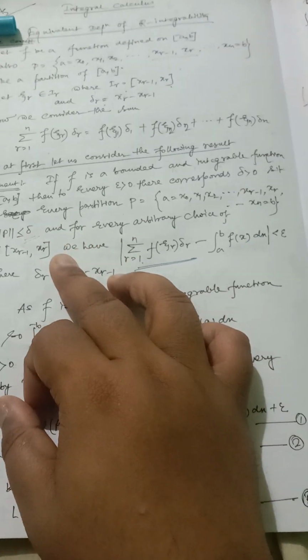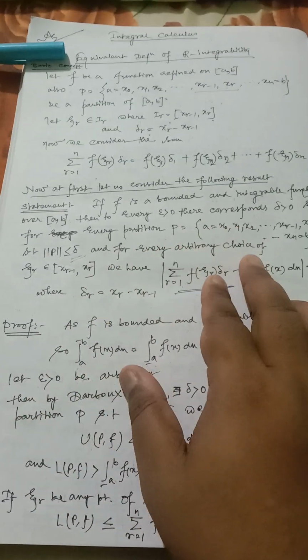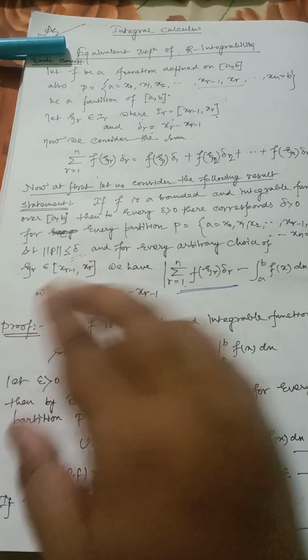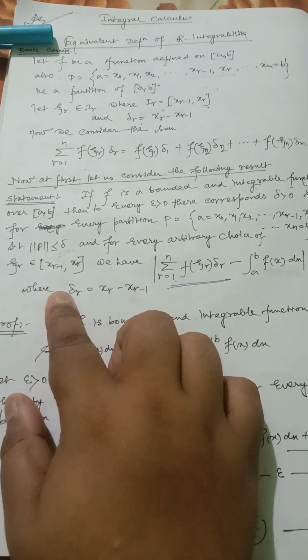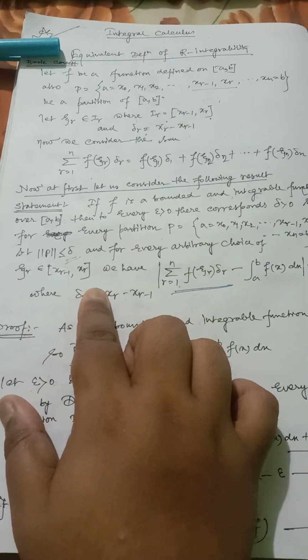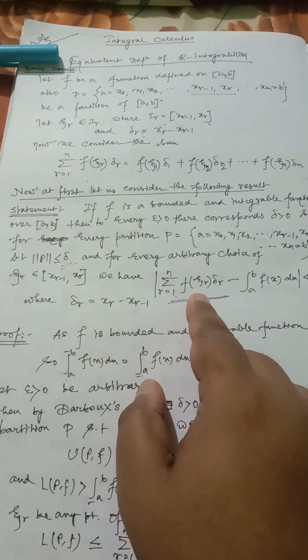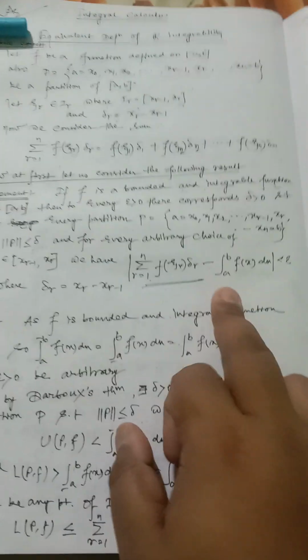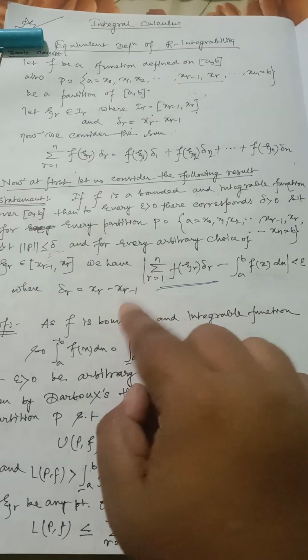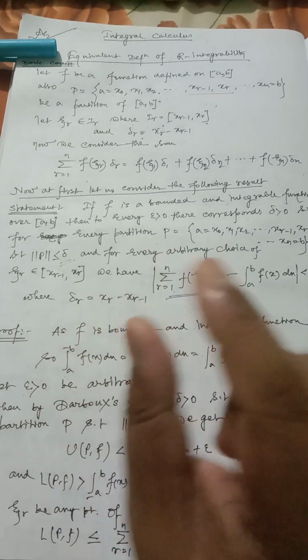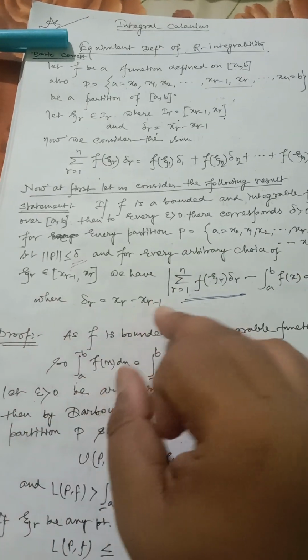So here we consider norm of P less than or equal to delta, as well as we can choose any arbitrary point xi_r taken from I_r. I_r means [x_{r-1}, x_r], and then we have to show the modulus of summation of f(xi_r) delta_r, what we have defined earlier, minus the integral from a to b of f(x) dx must be less than epsilon, and as usual delta_r refers to the length of the interval I_r, that is x_r minus x_{r-1}.